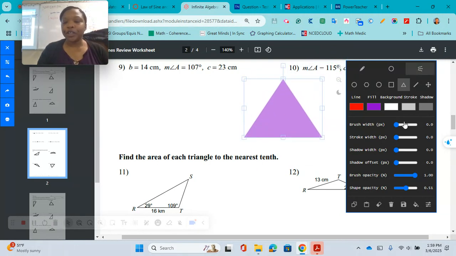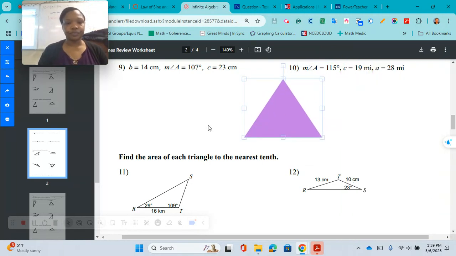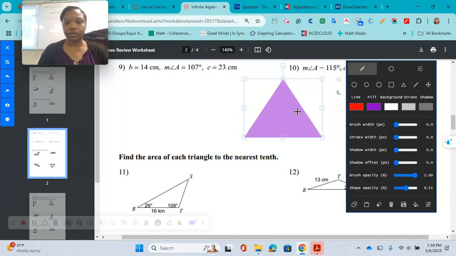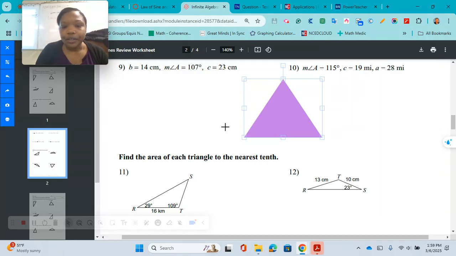I have my beautiful triangle. Get my pen out. All right. They said the measurement of angle A is 115 degrees. If this is A, opposite from big A will be little a.